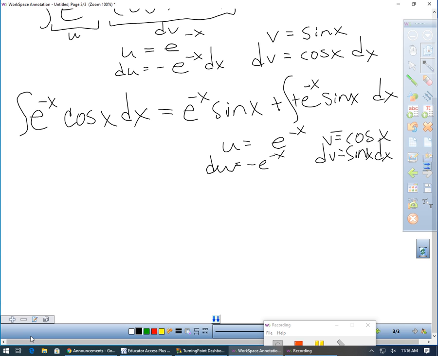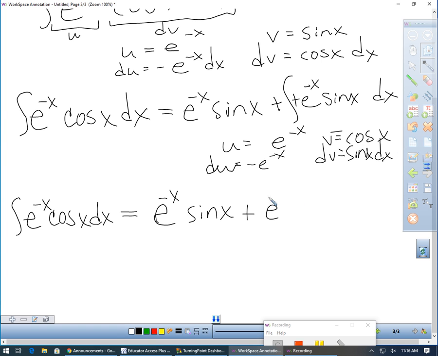Alright, so I'm going to have the integral of e to the negative x cosine x dx equals e to the negative x sine x plus u times v. So e to the negative x cosine x, or sorry, negative cosine x. So I have e to the negative x, negative cosine x.